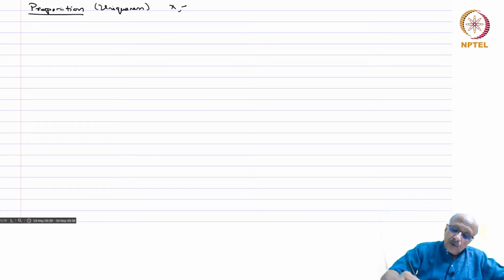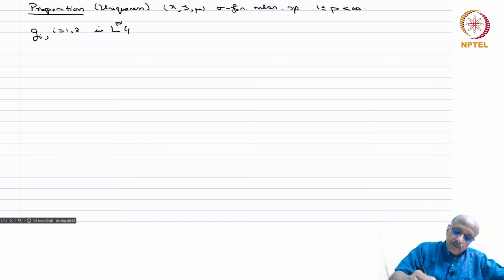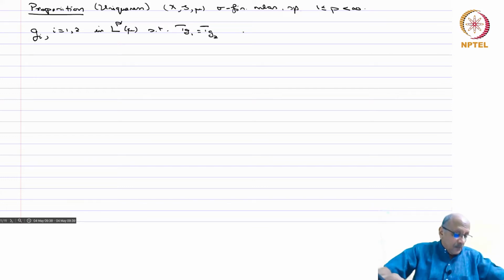Let (X, S, mu) be a sigma finite measure space, 1 less than or equal to p less than infinity, g_i for i equals 1, 2 in L^p'(mu) such that T_g1 equals T_g2. Then g_1 equals g_2 almost everywhere.